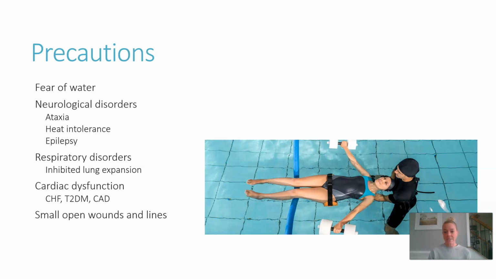If someone has heat intolerance, and I'm thinking specifically of someone with MS, again, because most therapeutic pools are heated, they might actually have a more difficult time in the water. And patients with uncontrolled epilepsy, again, because of some of the visual cues and things like that, that can actually trigger some seizures. So we do want to be cautious with that.